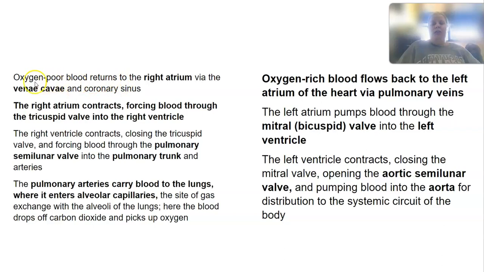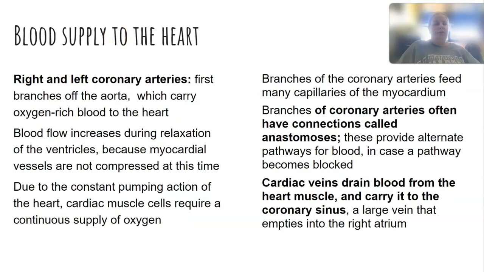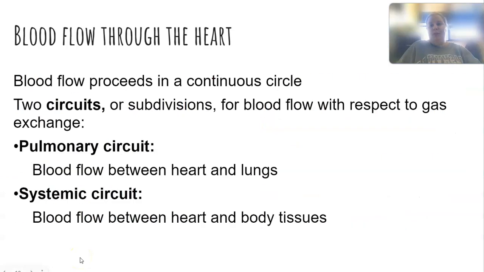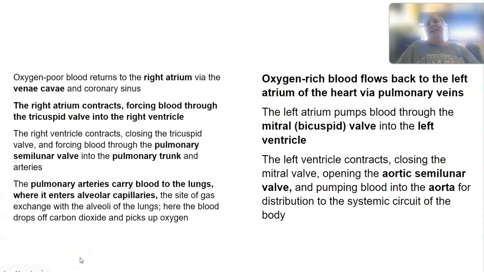All right, this deals with more of the blood flow through your heart, okay? I think I skipped some. I'm going the wrong way. Blood flow through your heart. Your unoxygenated blood returns to the right atrium via the vena cava. So again, this is your right atrium. This right here is your vena cava.